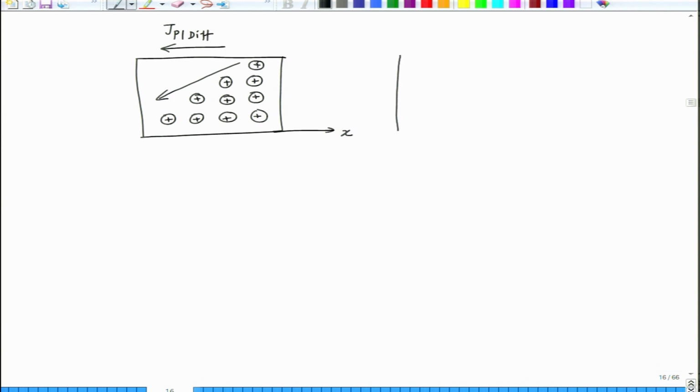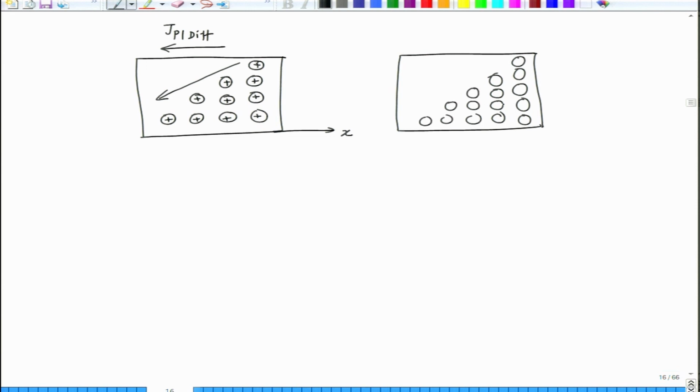Similarly, you might have a scenario in which you have a concentration gradient like this. These are, let us say, negative charges. In this case the movement of carriers will also be in this direction, and the same will be the direction of current. For negative carriers the movement will happen in this direction.